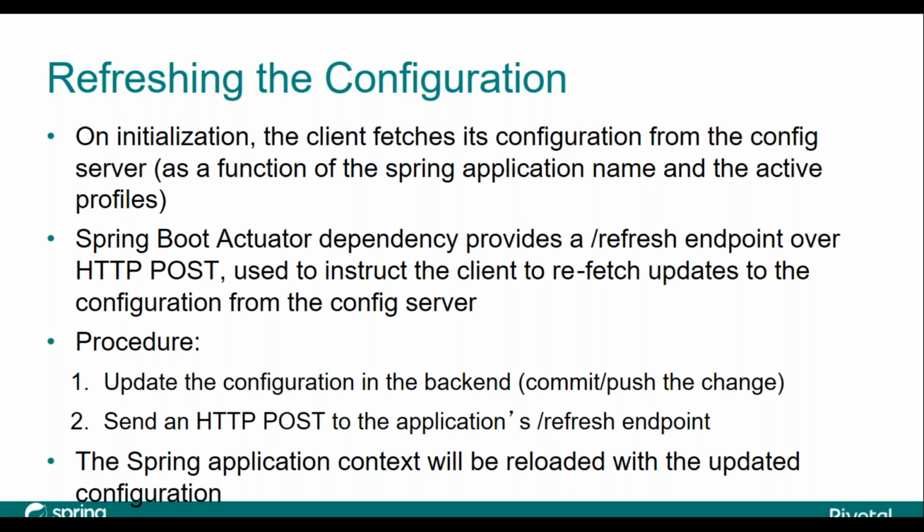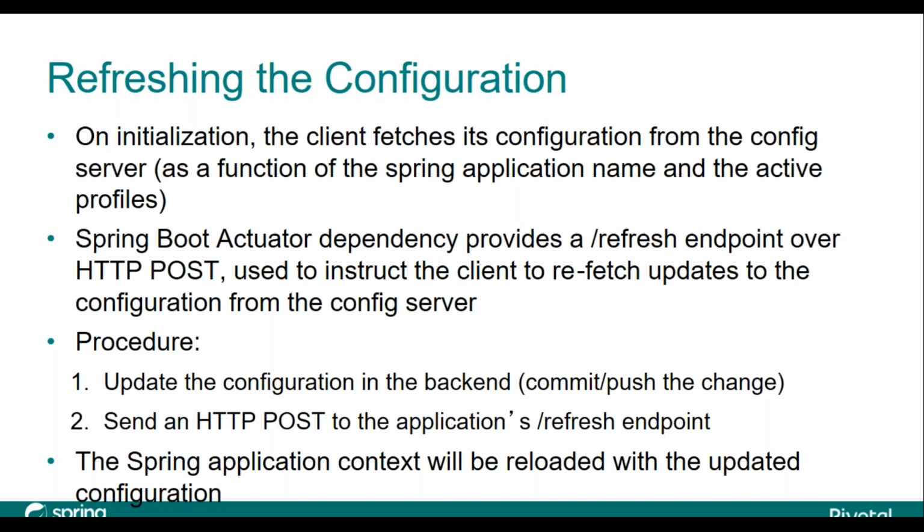And also there is one endpoint in the actuator dependency called the refresh endpoint. For that refresh endpoint, you need to use an HTTP POST in order to refresh that particular microservice. And once you hit that refresh endpoint, the client refetches the updates from the config server.